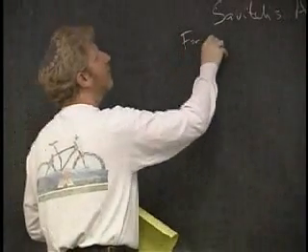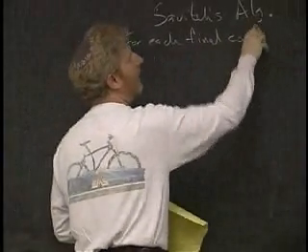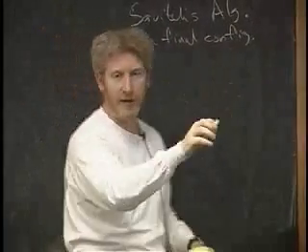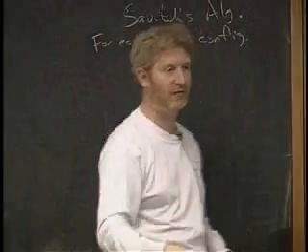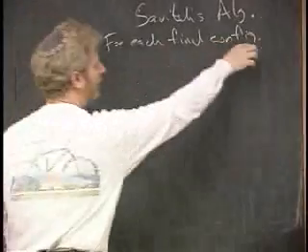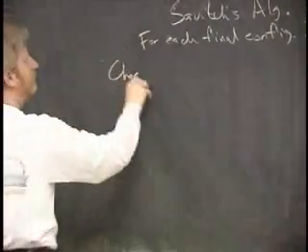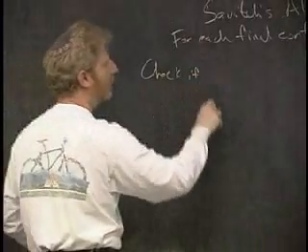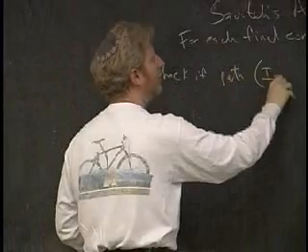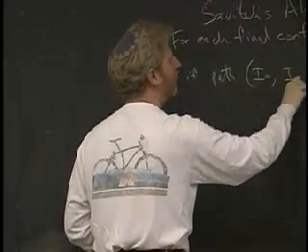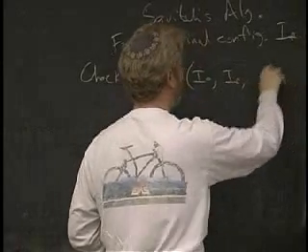For each final configuration, and you can generate all the final configurations just by taking the accept states and connecting them with all possible tape symbols. You can just generate these final configurations. For each final configuration IF, check if there's a path from I0 to IF using k steps.